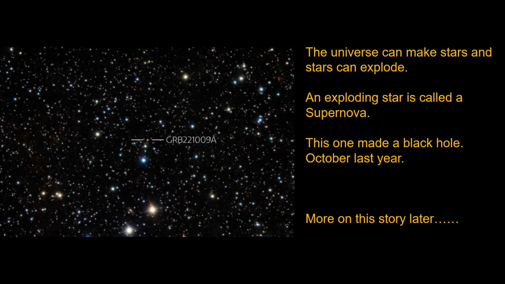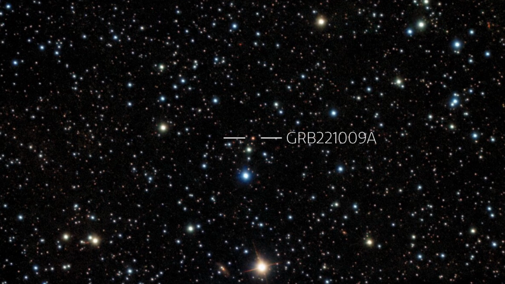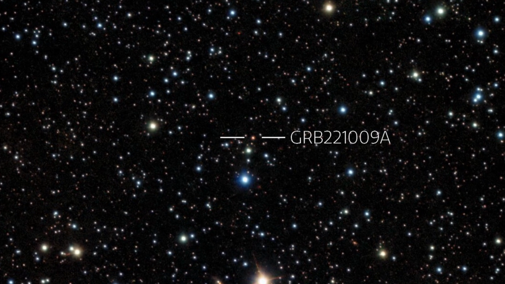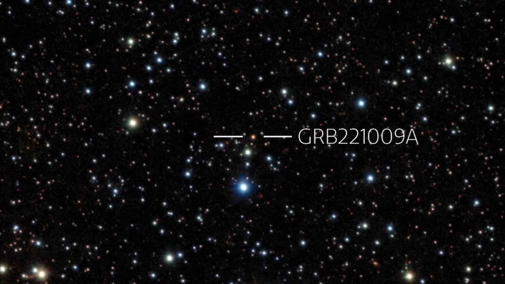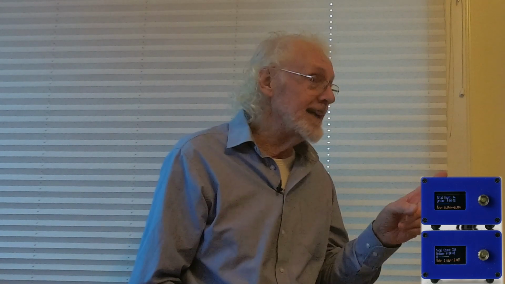An exploding star is called a... Okay, great. This one, in September or October last year, exploded and made a black hole. A huge amount of energy was released. It was incredibly energetic. We're going to come back to this story later.